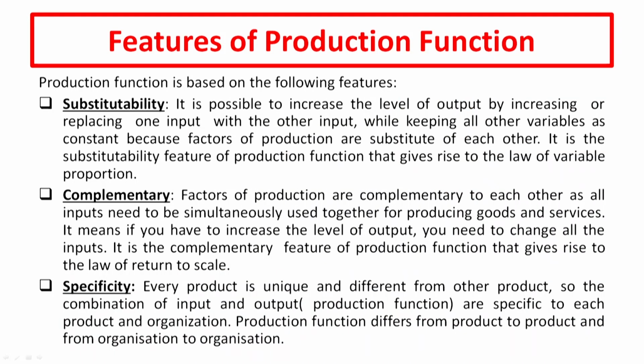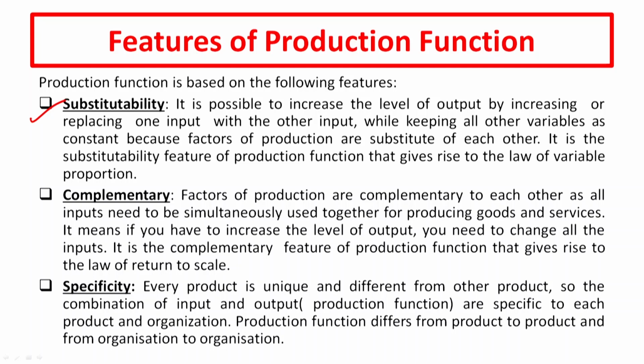Features of production function. The first feature is substitutability, which means if you have to increase the level of output, you can increase by substituting one factor with the other factor. As we know that there are various factors and factors can be easily substituted with each other.